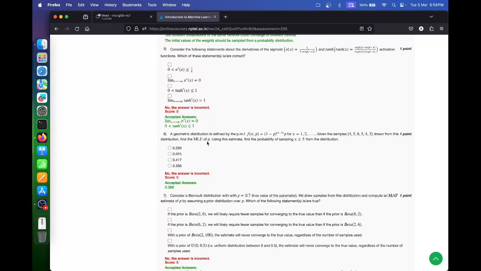Once you find out this value of p, now you have to find out the probability of x greater than or equal to 5, which is a cumulative probability. So basically sum over f(x equals 5) plus f(x equals 6) up to infinity, and it is a converging sequence, so you will get a converging value for that.